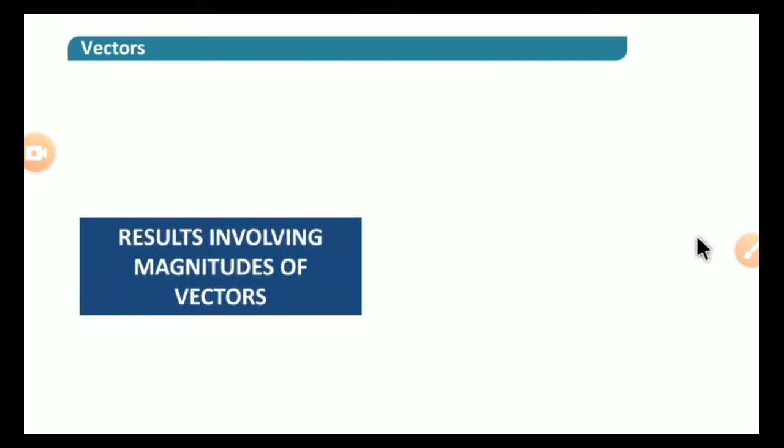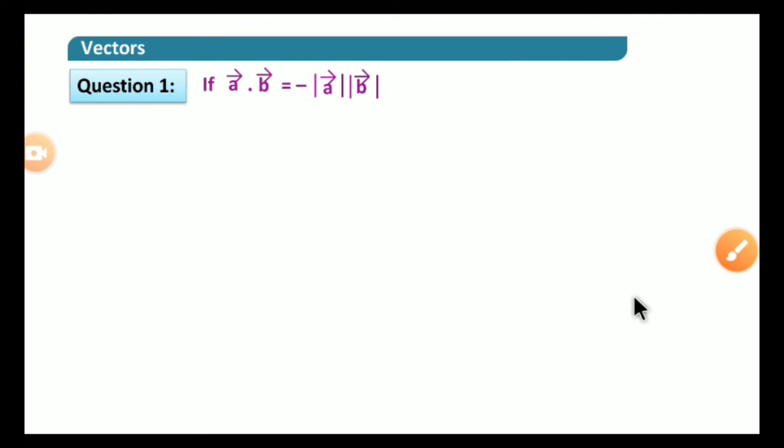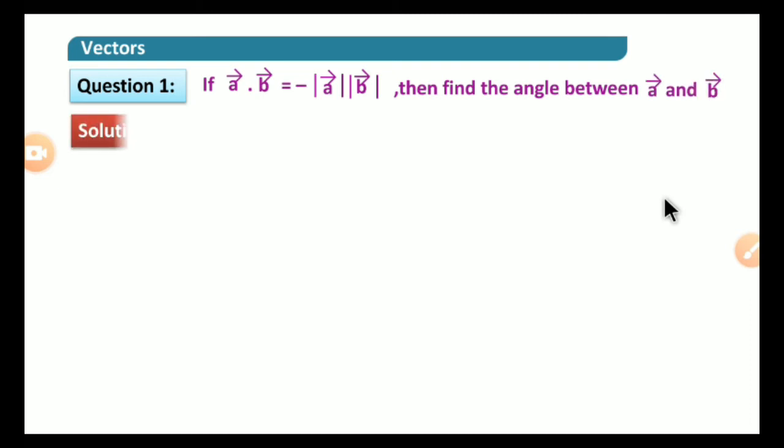Now here we will prove some results involving magnitudes of vectors. Question number 1. If A dot B equal to minus magnitude of A into magnitude of B, then find the angle between A and B vectors. Now go for the solution.